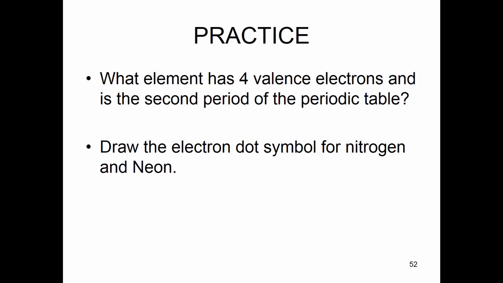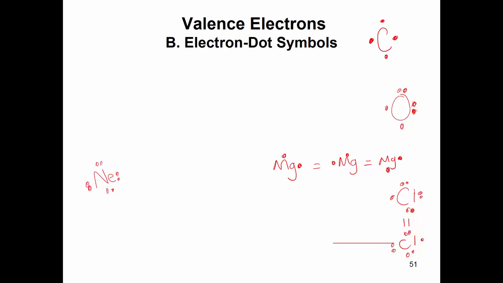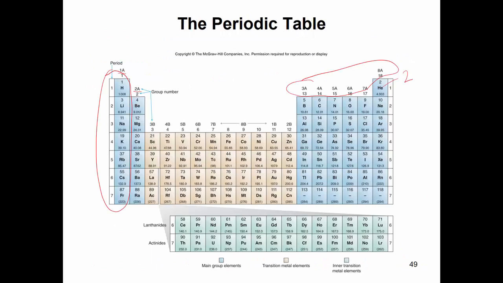So look at your periodic table, and I've got a couple practice questions. Which element has 4 valence electrons and is in the second period of the periodic table? And then we're going to draw the electron dot symbol for nitrogen and neon. So if you remember the question, it has 4 valence electrons, so that means it has to be in group 4, and it's in the second period.